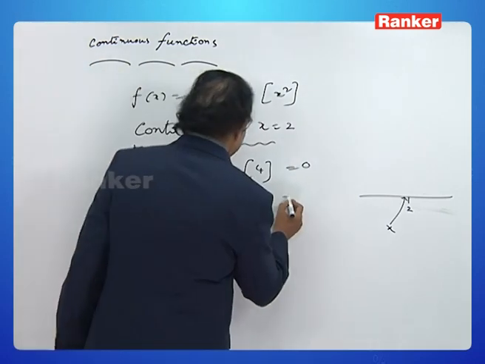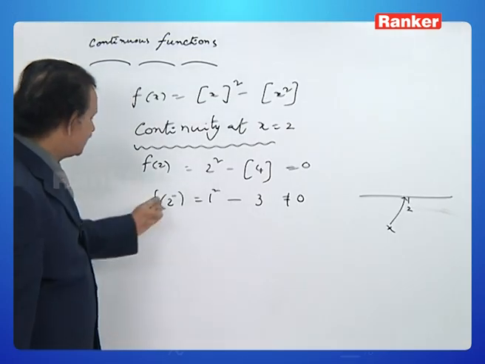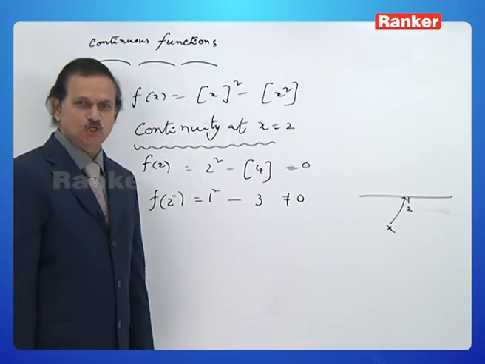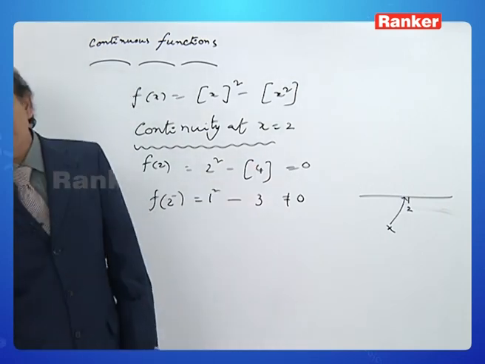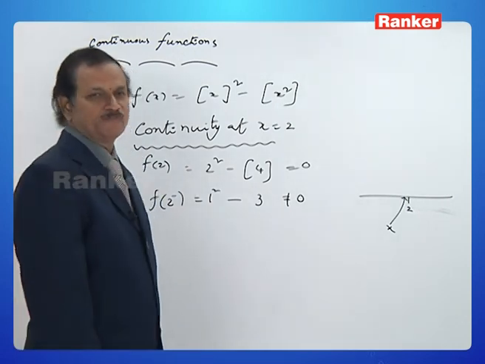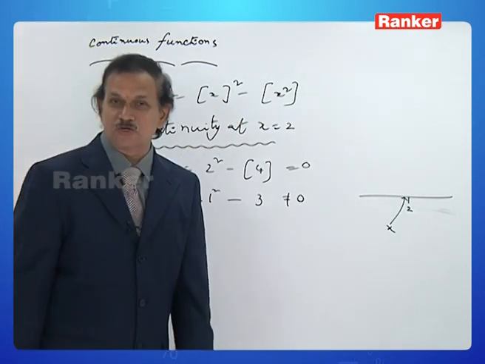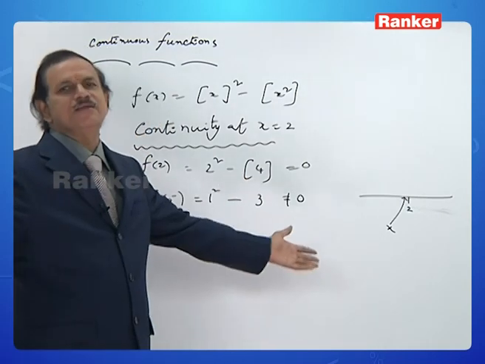Here itself, we have seen that f is discontinuous at x equal to 2, because left continuity fails here. We are not able to say that f is continuous from left. Therefore, f is discontinuous at x equal to 2. My dear, this happens to every integer.